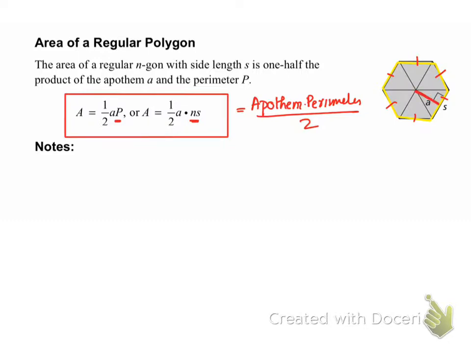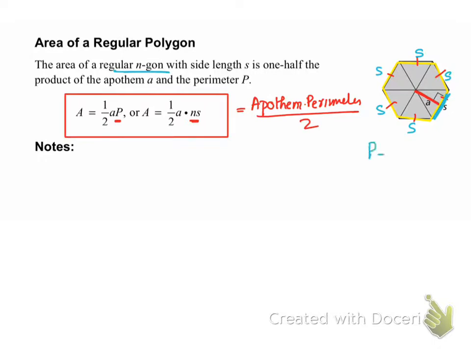And if you know the side, this is s, the length is s here. If this is s, then this is also s, this is s, s, s, a regular polygon. If it is an n-gon, what's the perimeter?